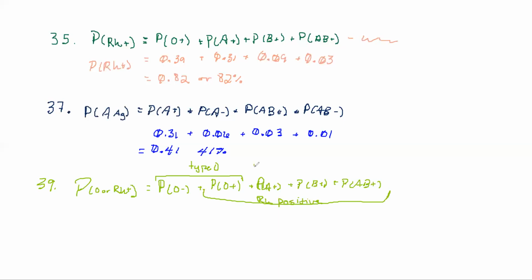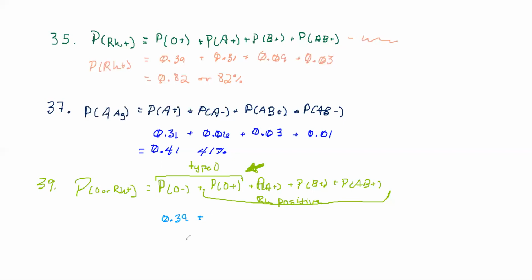But notice that we only count O positive once. Even though it categorizes into both of these groups, we can't count those people twice. So we're going to put out all of the percentages. So we have 0.39, or 39%.